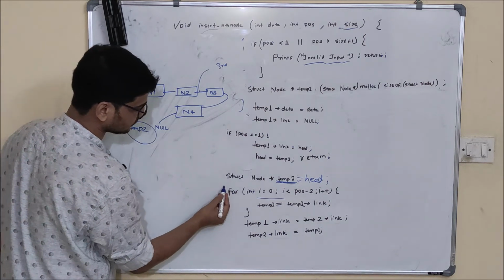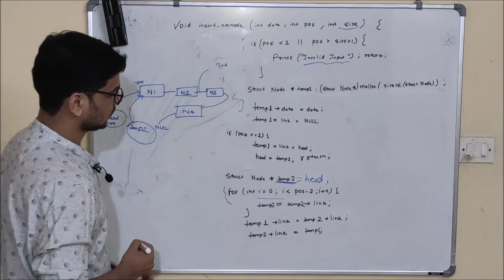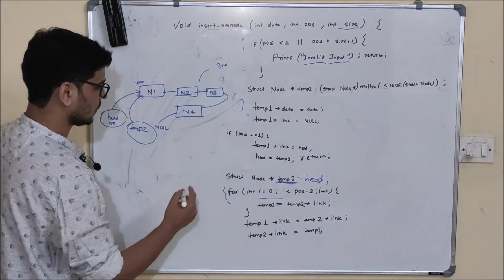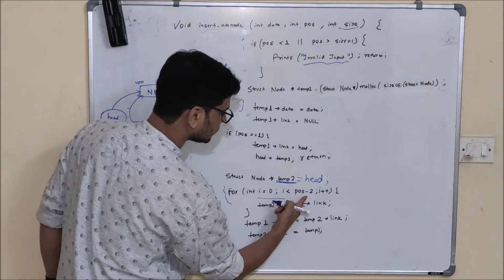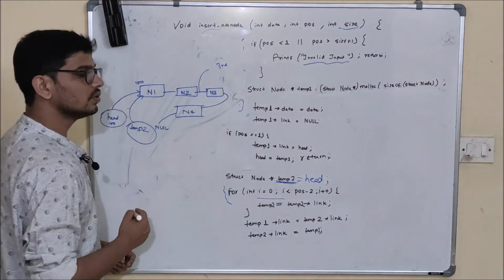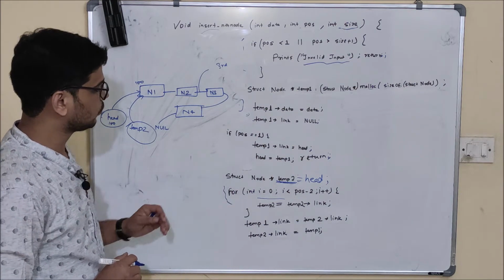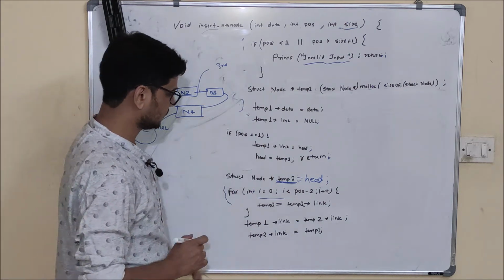Now see what we are doing here. We are just traversing inside the linked list. Now what is this? pos minus 2. Suppose we want to insert a node at third position. Then how will this for loop work?